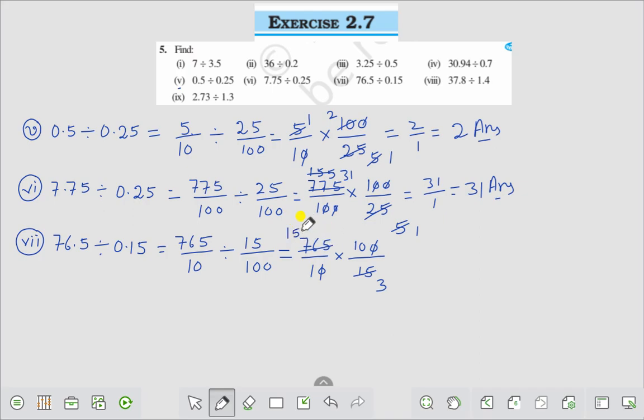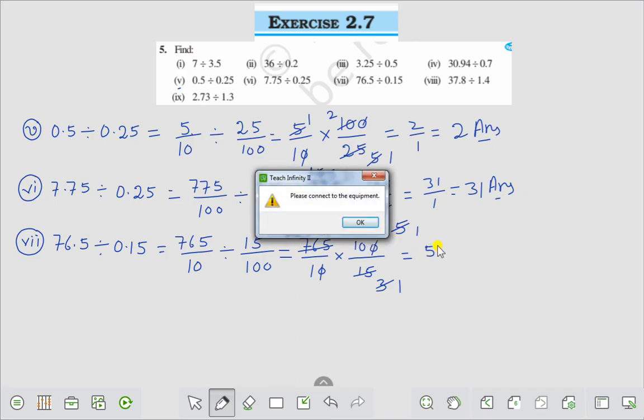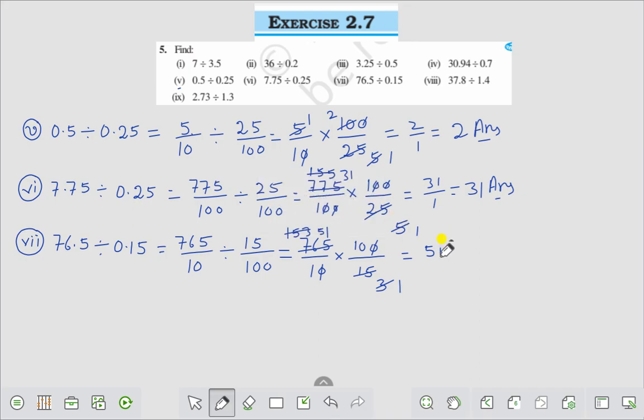Again cut it by 3. 3 1 is 3, 3 5 is 15, and 3 1 is 3. It comes to 51. That is 51 into 10, which is 510. This is the answer of question number 7.